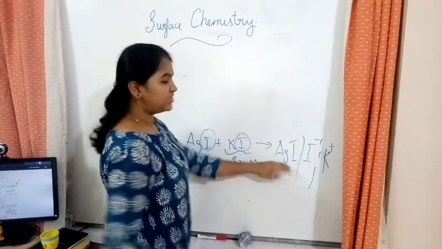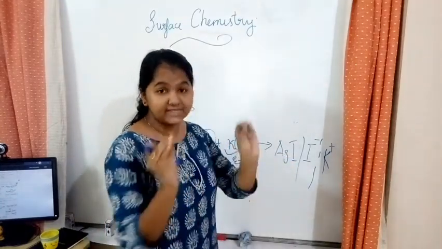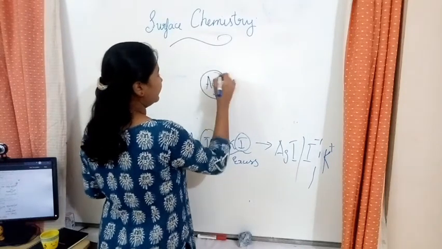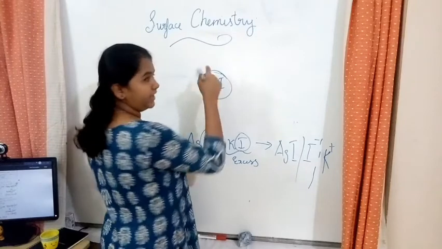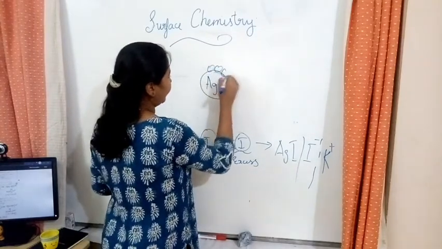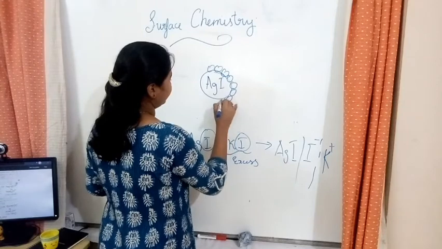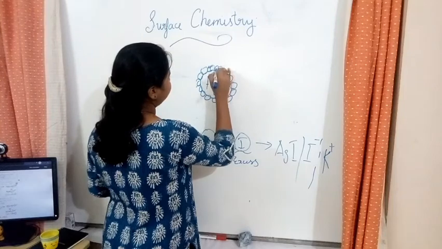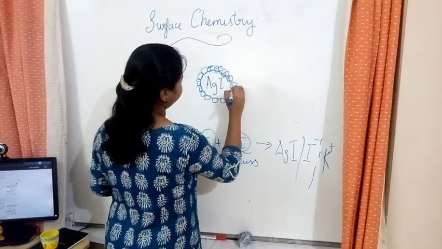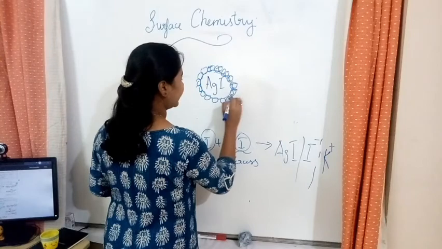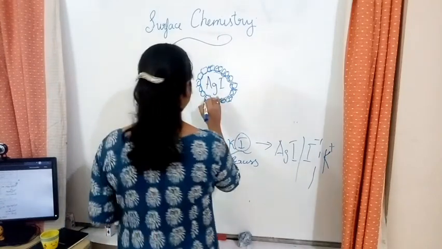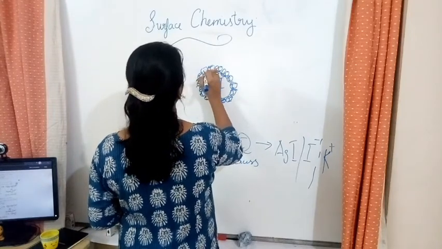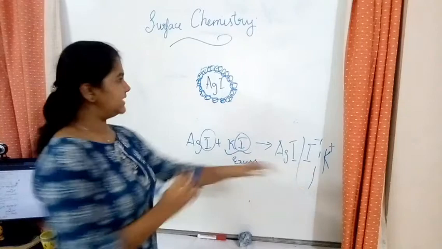AgI has a negative charge surrounding it, so we draw AgI, and this I is adsorbed on it, so it's fully surrounded by I minus, and then the K plus is in the vicinity.